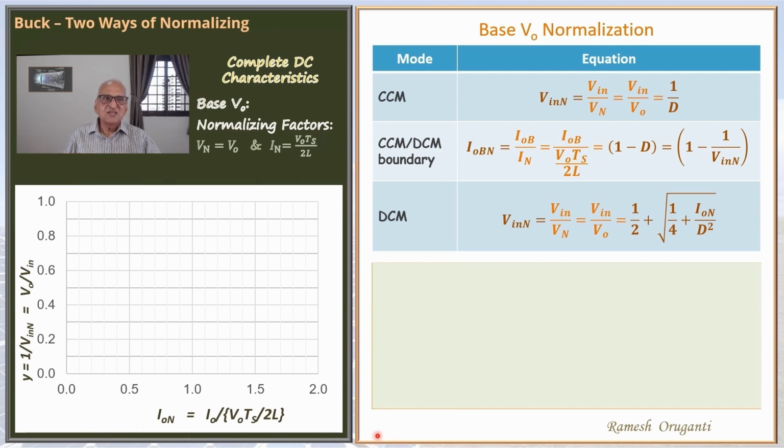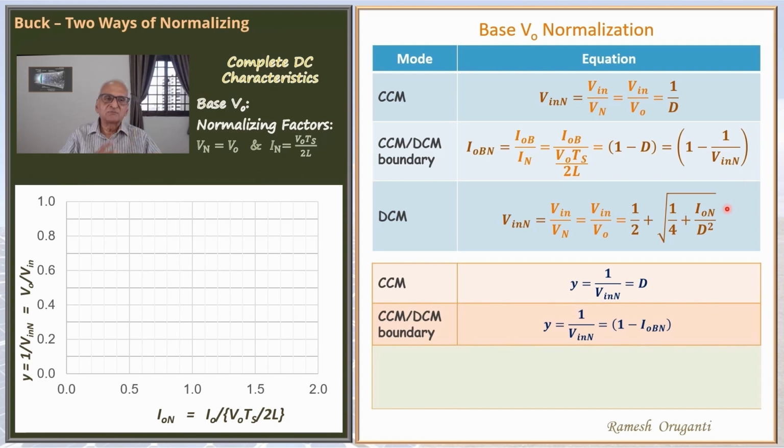If you take the CCM equation, VinN is 1 over D, so 1 over VinN is D. Then if you take the boundary current, CCM-DCM boundary, I0BN equals 1 minus 1 by VinN. 1 minus 1 by VinN is 1 minus Y. So I can rewrite it as Y equals 1 minus I0BN.